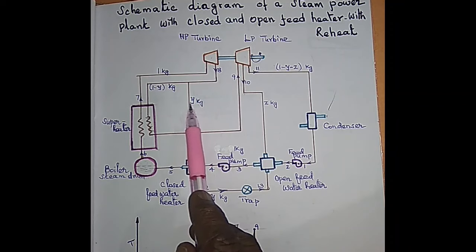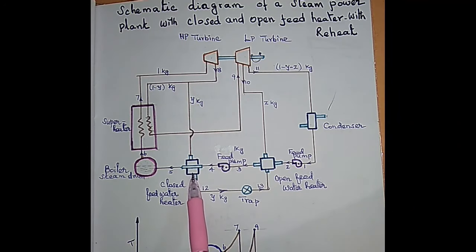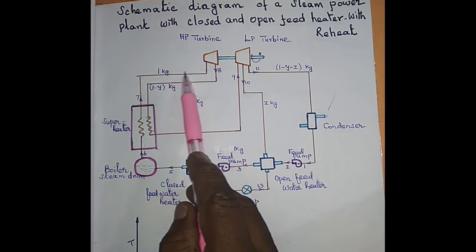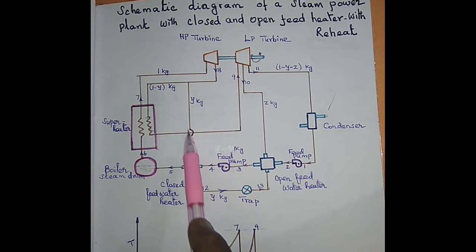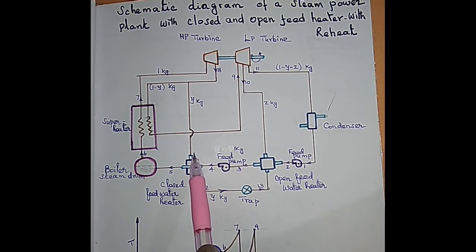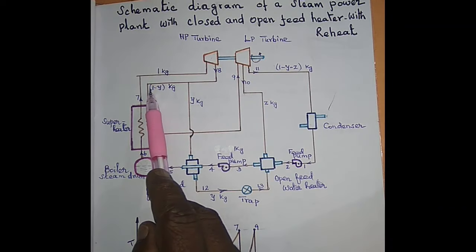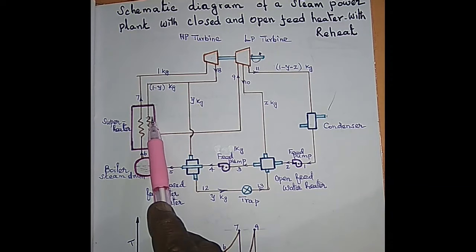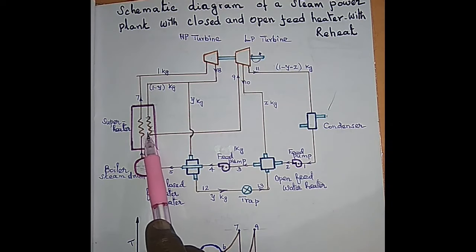So if Y kilogram is going to the feed water heater, what is left over now? 1 minus Y, because 1 kilogram is entering here and Y kilogram is leaving here to the feed water heater. So 1 minus Y kilogram is going for reheating, again using the flue gas only.